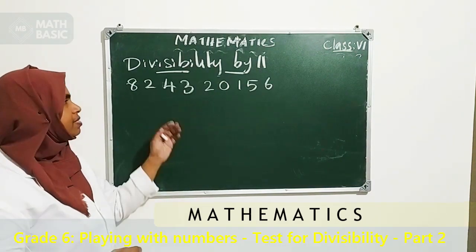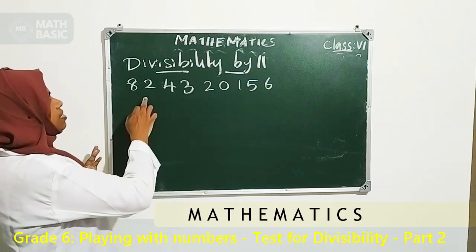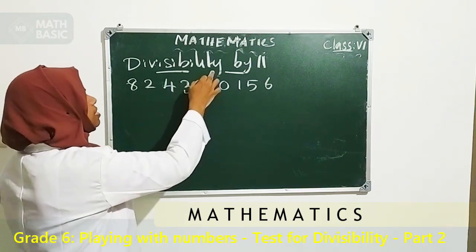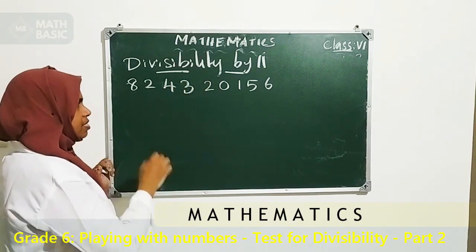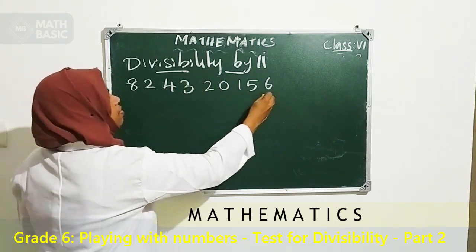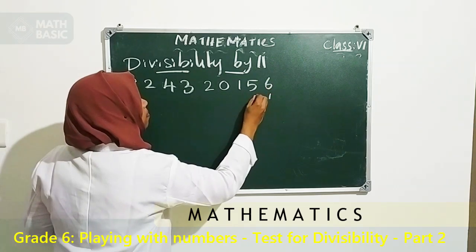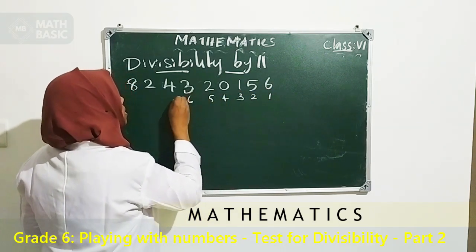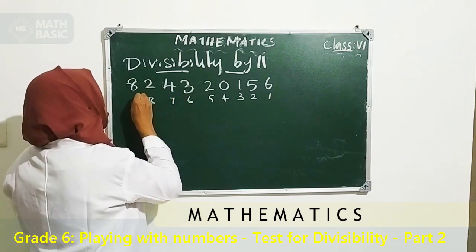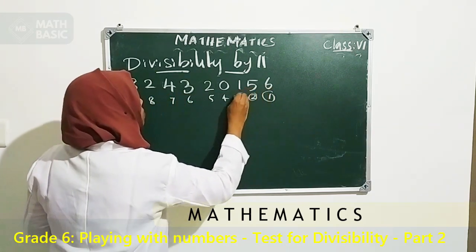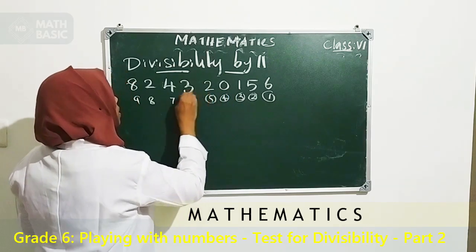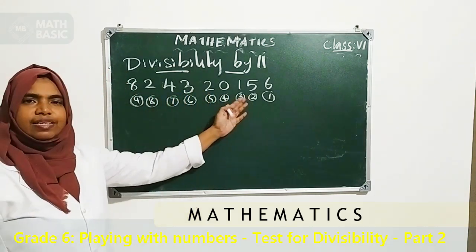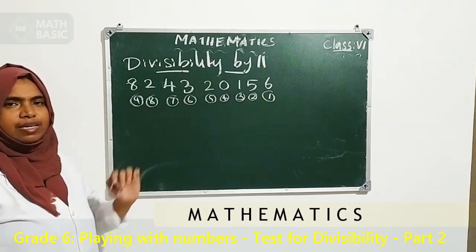See one more example. This is a 9-digit number. See whether this number is divisible by 11 or not. How can we do it? First we do the numbering: 1, 2, 3, 4, 5, 6, 7, 8, 9. Okay. This makes it easy to get the even places and odd places.